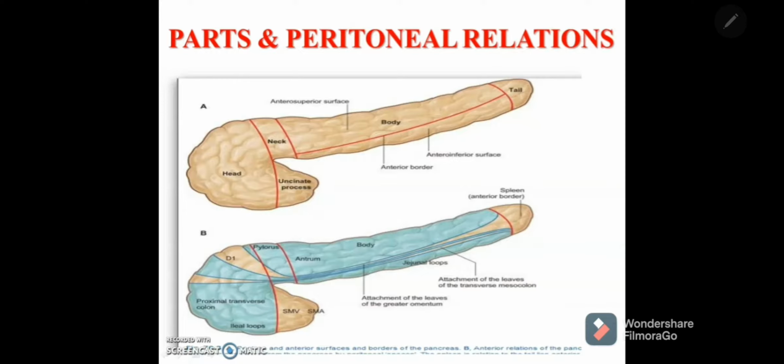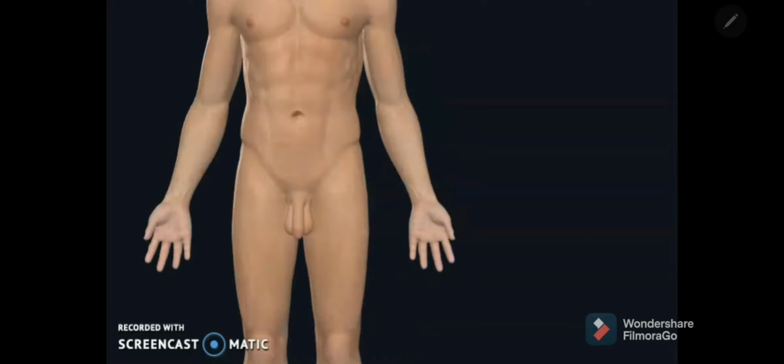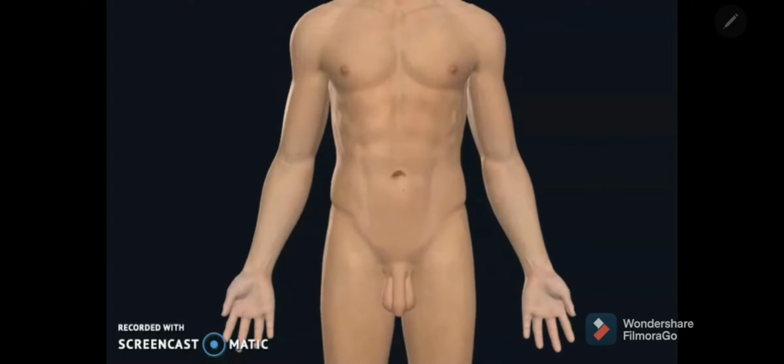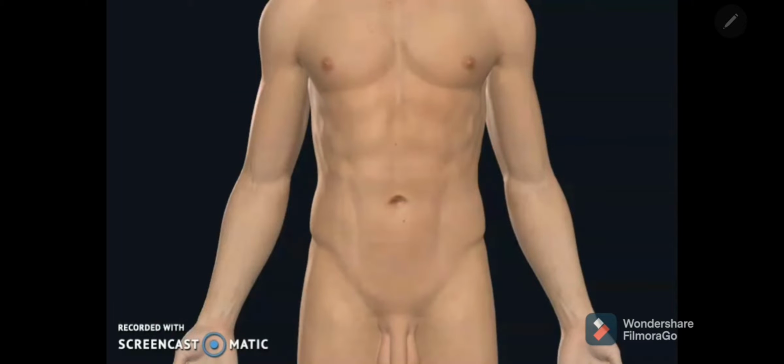So the entire posterior surface of the pancreas, including the head, neck, and body, is retroperitoneal, meaning it is non-peritoneal. Only the anterior parts, here you can see, are related to the peritoneum of the lesser sac and greater sac. When you see the anterior abdominal wall, it is divided into 9 regions by 2 vertical and 2 horizontal planes.